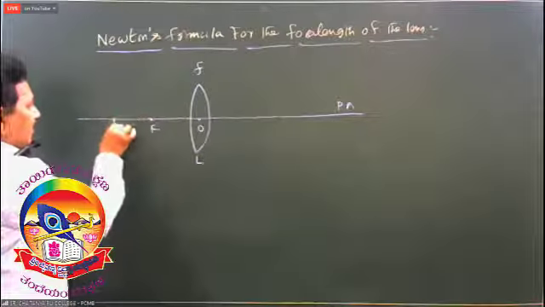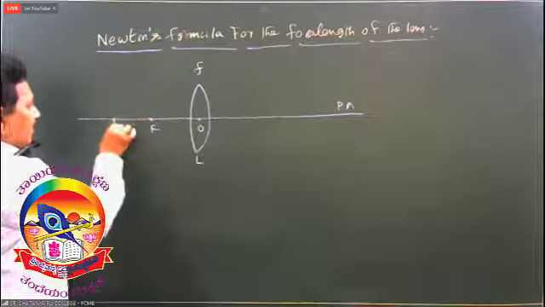Now the distances of the object and image are generally measured from the optic center. But instead of the optic center, the distances of the object and image are measured from the principal focus. Let us consider an object.